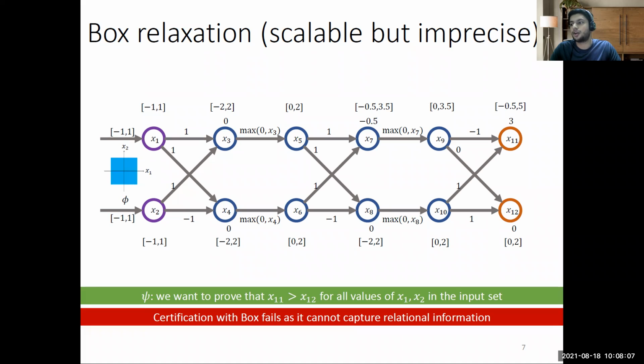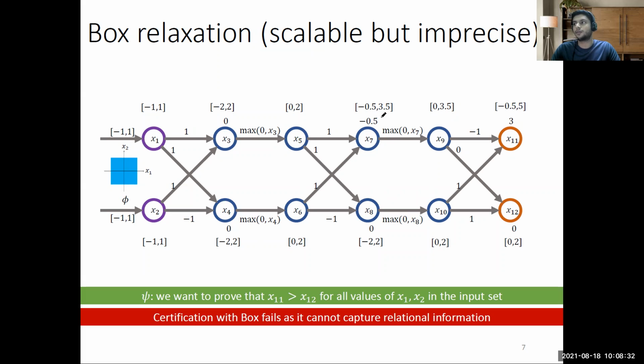One major reason was that it was not able to capture the relational constraints. As I discussed in the previous session, even though we have bounds here, one important thing we also want to understand is whether the bounds can happen at the same time.